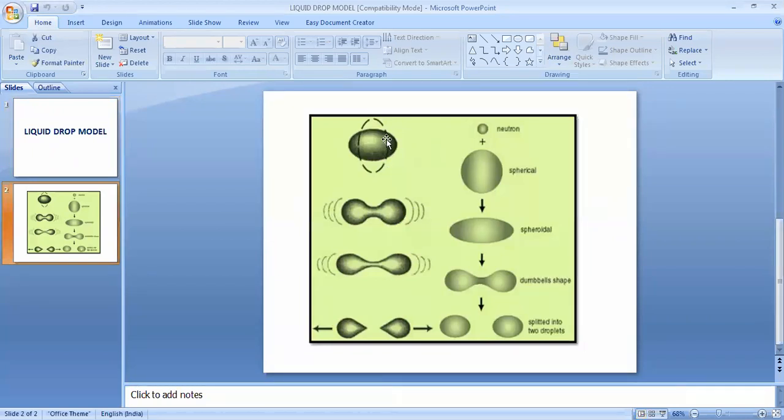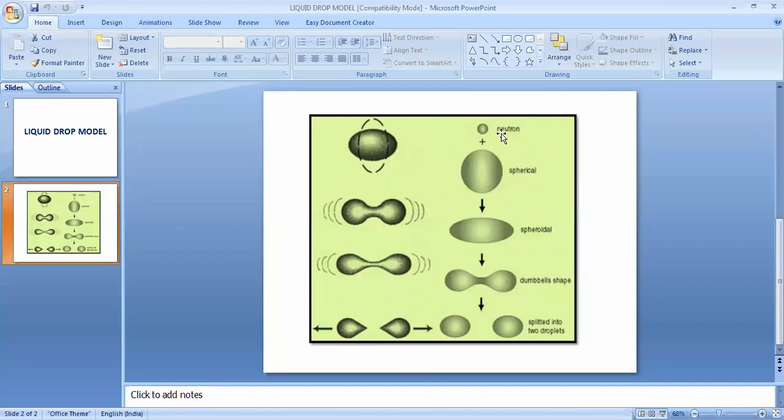Here, the first part is shown with the help of a water droplet. Because of surface tension, it was initially spherical in shape, but when pressure is applied, the shape becomes somewhat ellipsoid and two spheres are formed, and by applying more pressure, two droplets are produced.